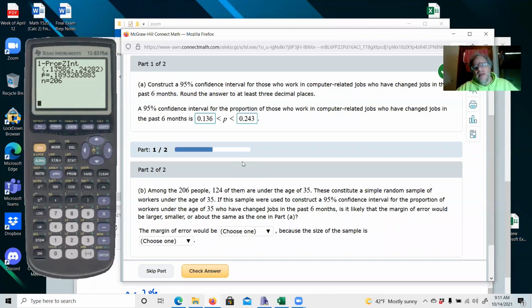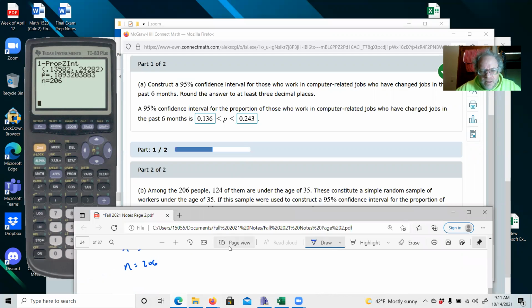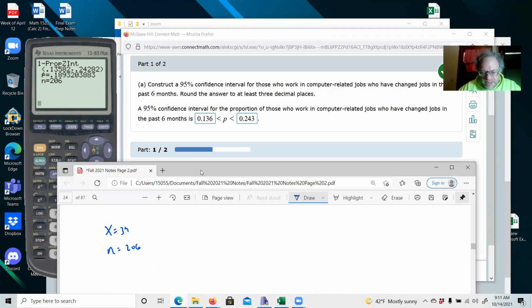Right, great. And then it says among the 206 people, 124 of them were under the age of 25. All right. So this one is going to be a little bit weird. So we started with a total of 206.